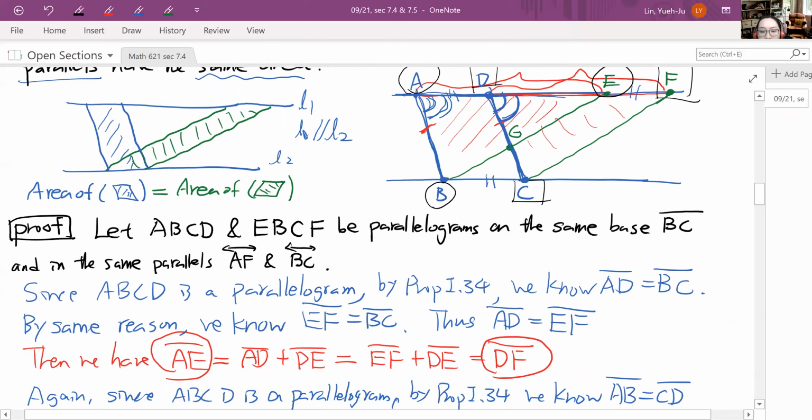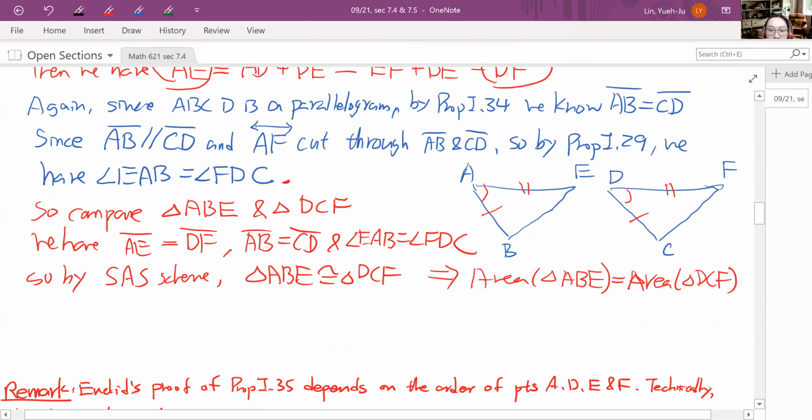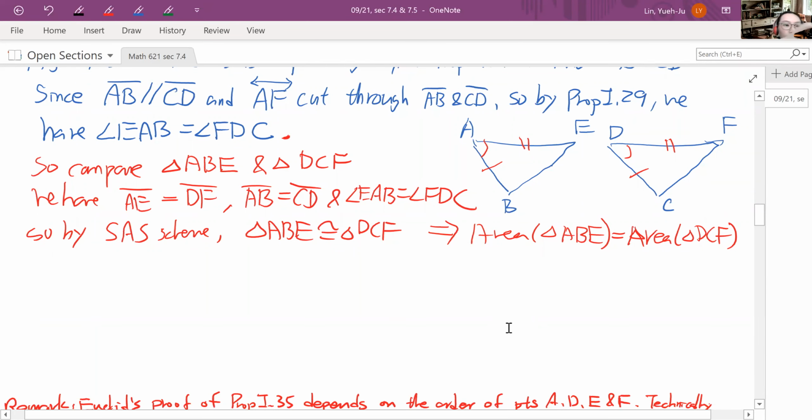I need a little bit of extra space here, so let me move the space down. We're almost done, the last part. Let me call G the intersection of BE and CD. I already put it in the picture, but let me be complete in the proof.